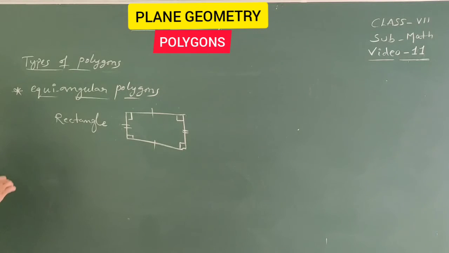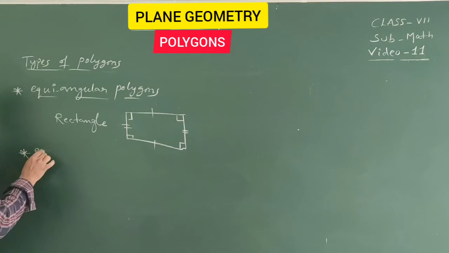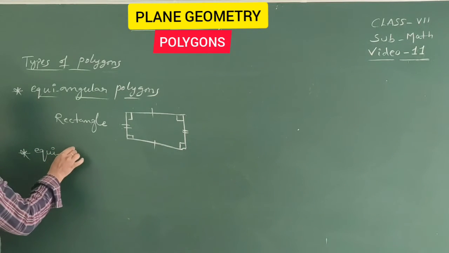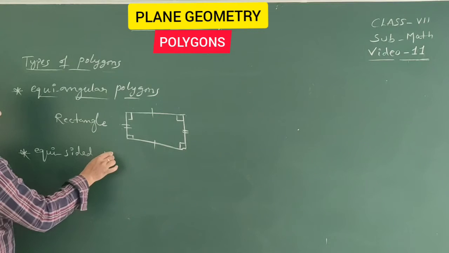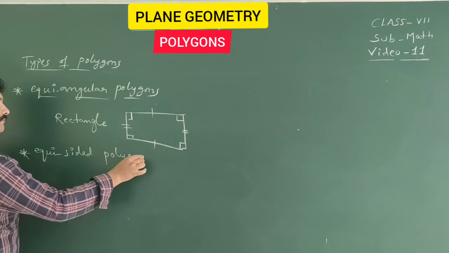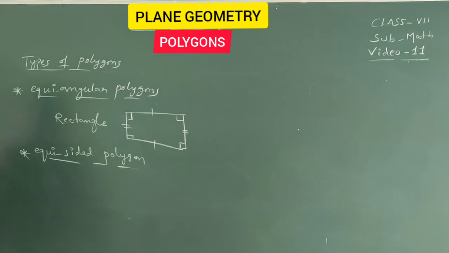Next, equisided polygon. Only in a polygon, all of its sides are equal. It is called an equisided polygon. Don't bother about the angles here.